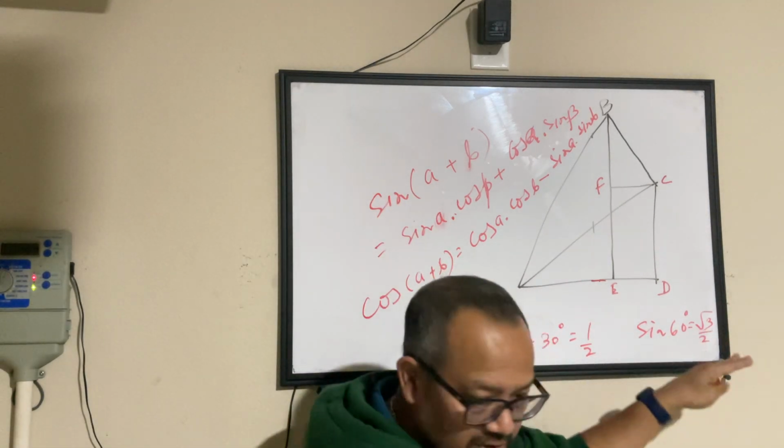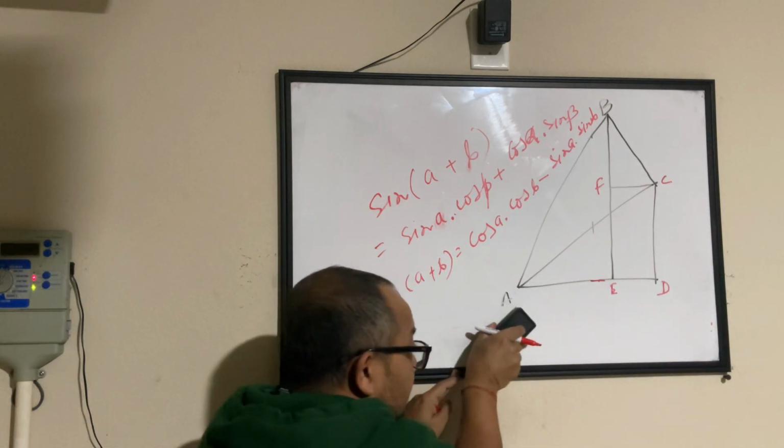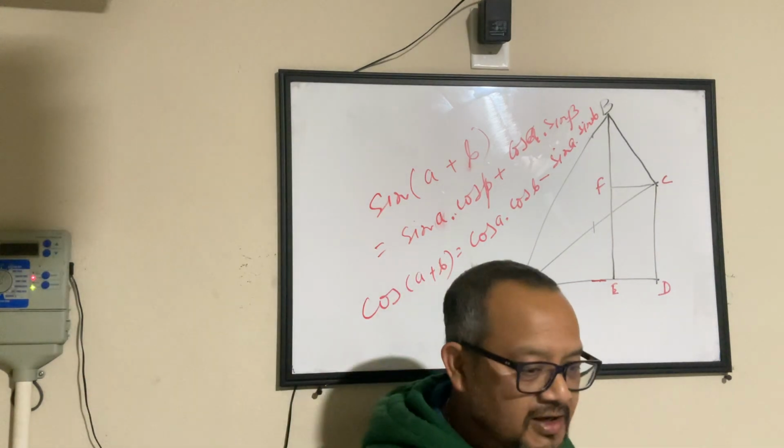We are not going to the implementation part of it, but first we try to understand the trigonometric addition identities for two angles. That's what we're going to learn.